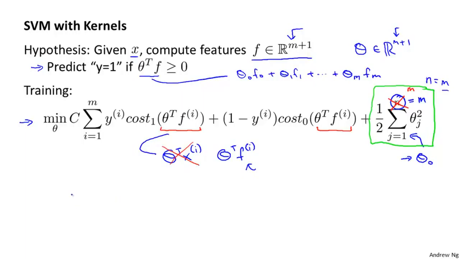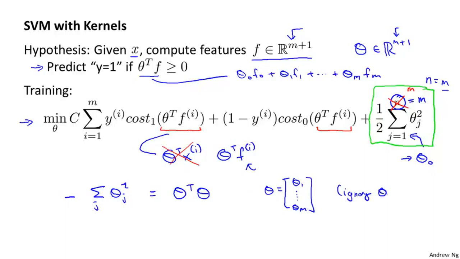But in the way a support vector machine is implemented, that term, the sum over j of theta j squared, can also be written as theta transpose theta if we ignore the parameter theta 0. So if theta were theta 1 down to theta m, ignoring theta 0, then this sum over j of theta j squared can also be written theta transpose theta.